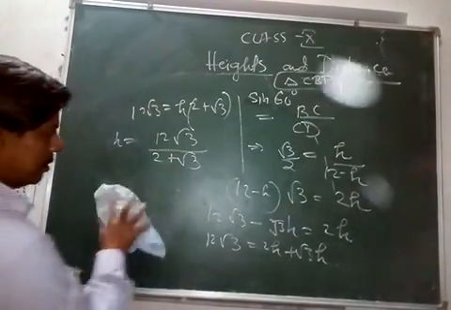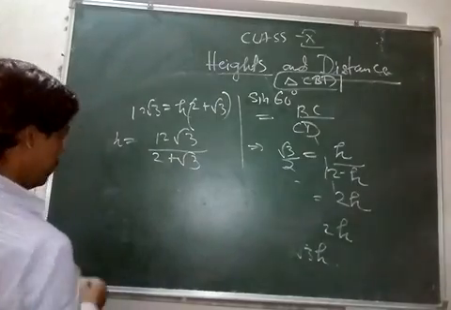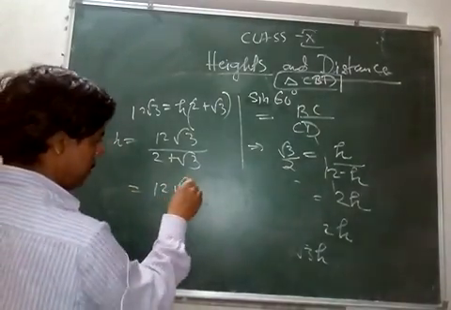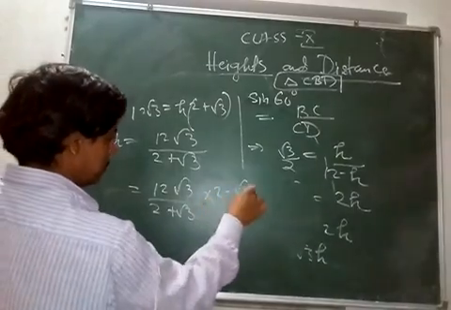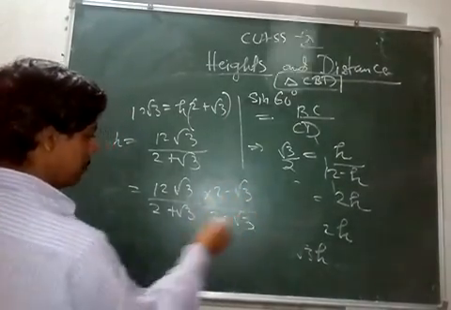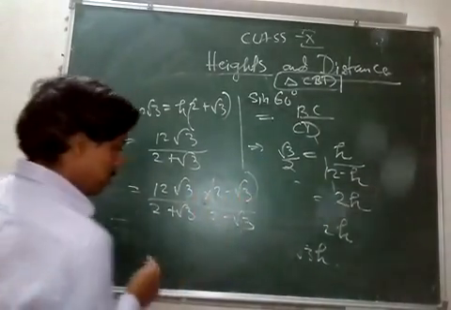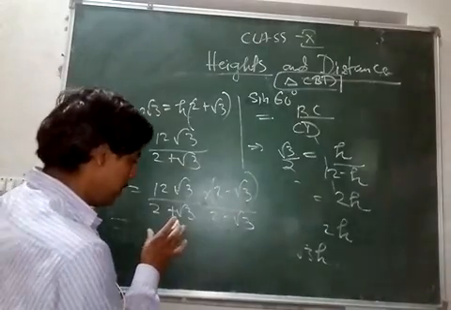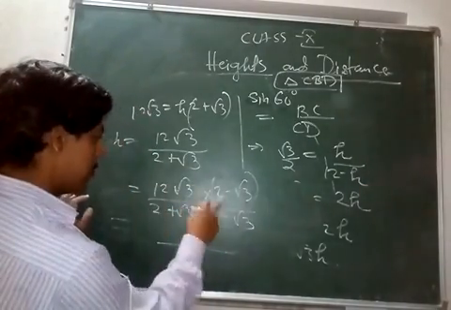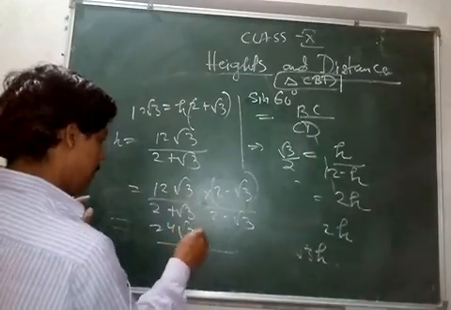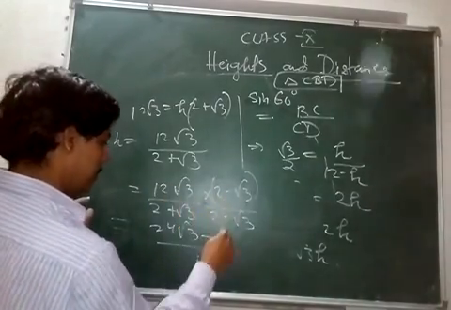So rationalization is done here. So what you will get is 12 root 3 upon 2 plus root 3, multiplied by 2 minus root 3 upon 2 minus root 3. Now multiply. In the denominator you will get 4 minus 3, that is 1. Very good. And here you will get 24 root 3 minus 12 into 3, 36.